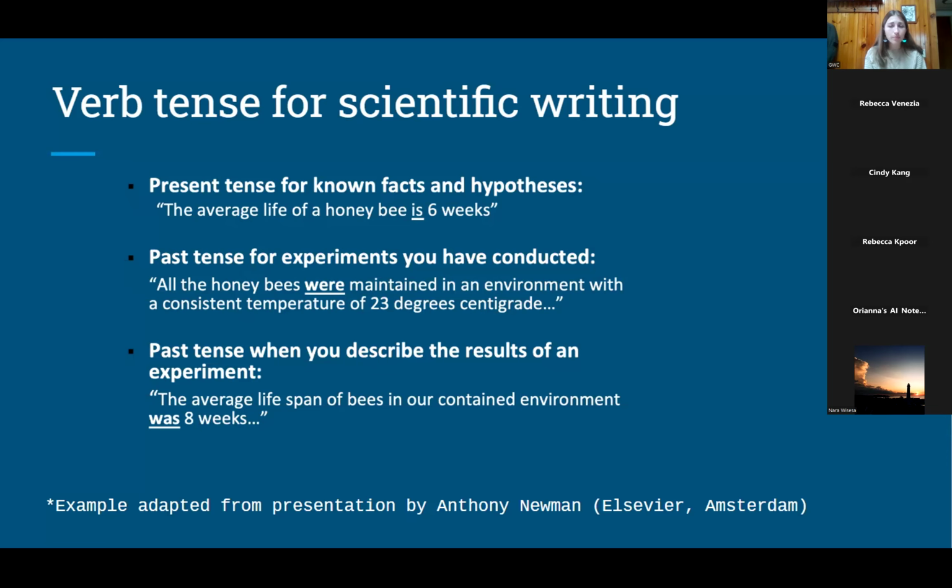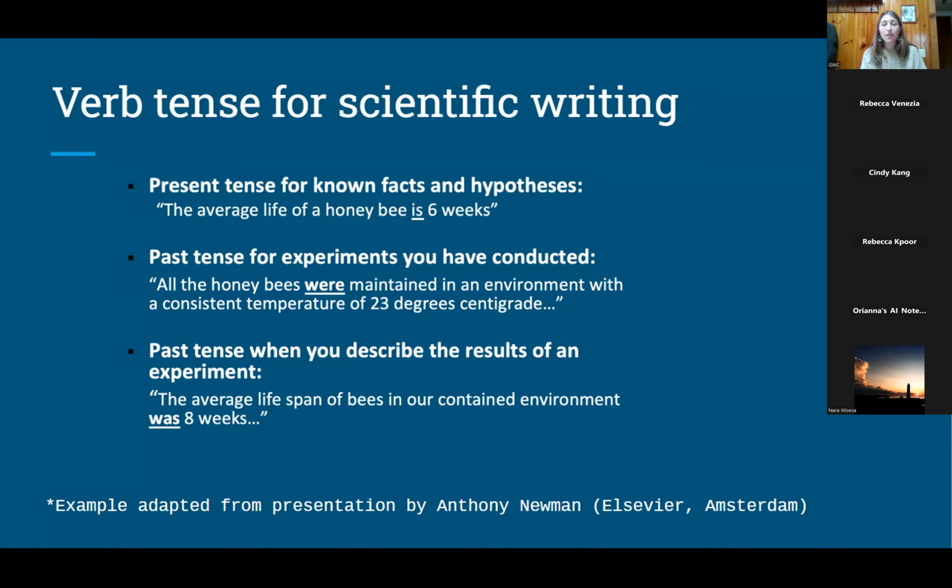So for example, we use present tense when we're talking about known facts or hypotheses or questions in our field. So that's really in line with our introductions. So for example, we would say the average life of a honeybee is 6 weeks. We wouldn't say the average life of a honeybee was 6 weeks or will be 6 weeks or anything like that.